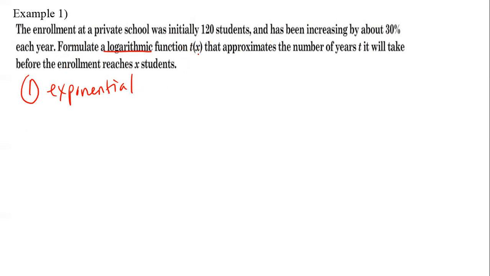And our exponential is the opposite of our log. So instead of t of x, it would be x of t, because they're inverses of each other, right? Your independent and your dependent switch places. So our initial, it says initially you have 120 students.